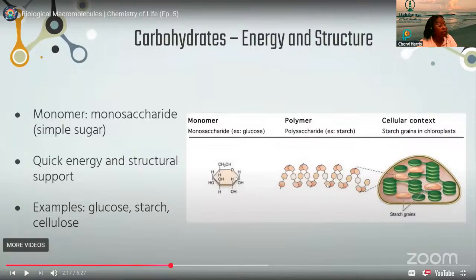Because when we look at DNA, the sugar for that one is a ribose sugar, and it's a pentagon. It's not a hexagon like that. So we'll talk about that later. Right now, you just have monomer, polymer, and your examples are glucose, starch, and cellulose.